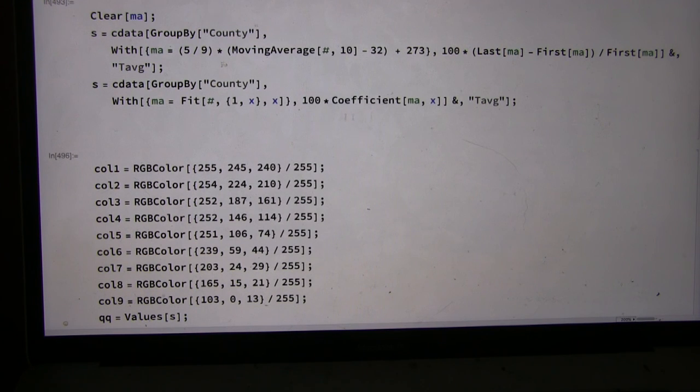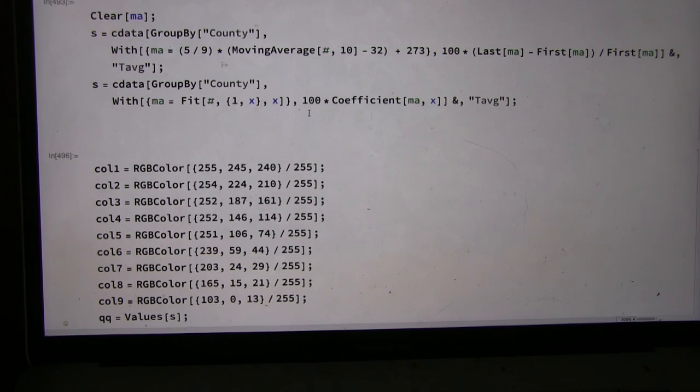I'm also taking the x coefficient of the line and multiplying it by 100. The reason I'm multiplying it by 100 is that, if you have a line y equals ax plus b, what is that b? That's the y-intercept. Oh, sorry, I meant to ask about a. Y equals ax plus b. What is a?